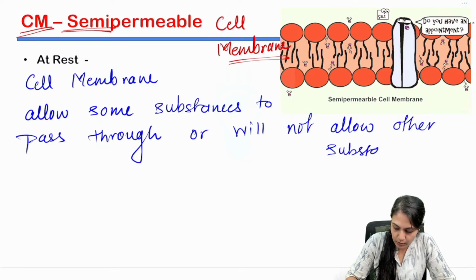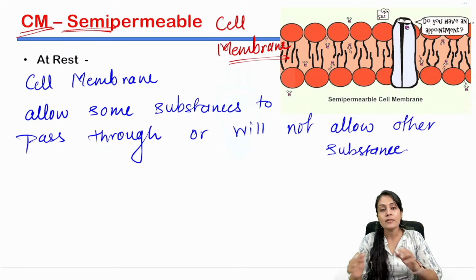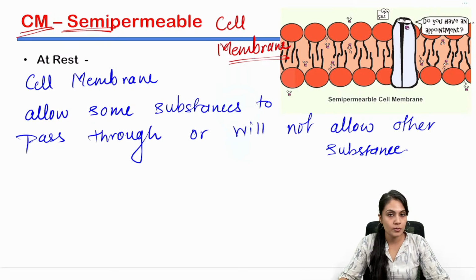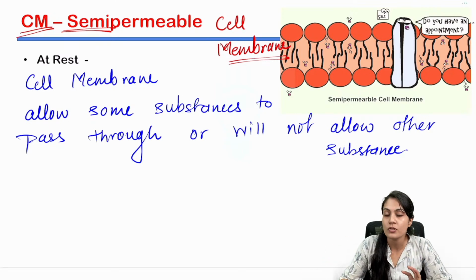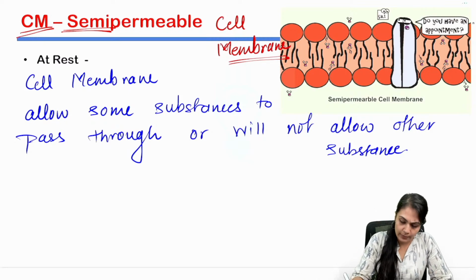So because of that, what is going to happen? Two different groups of substances are formed. What are the two different groups?